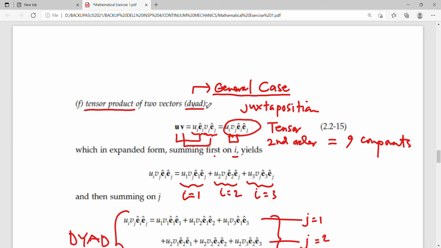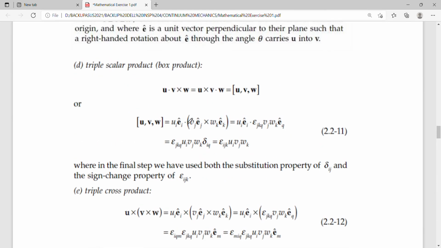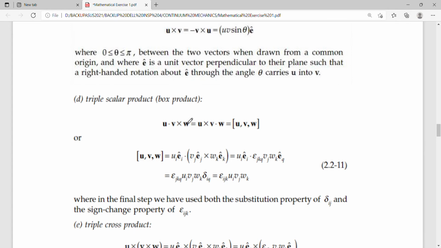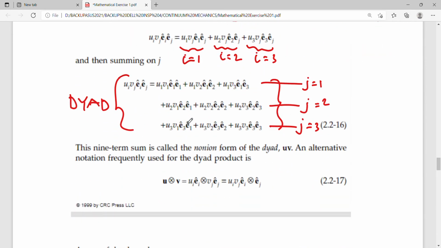Rather, it is called a dyad. But if we interpret it within the bounds of which your vectorial operations are defined, then we can go back to the previous discussion to interpret it as either a scalar or a vector. So this is now a general case without consideration of the vectorial rules we have considered a while ago.